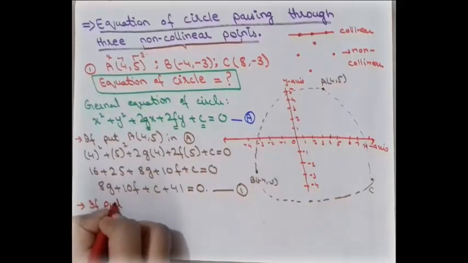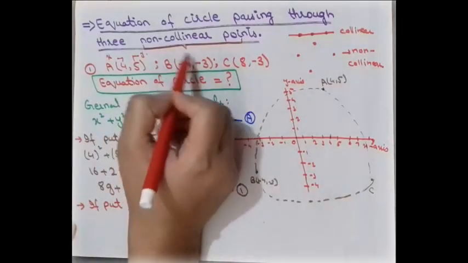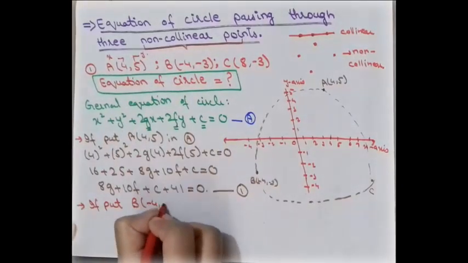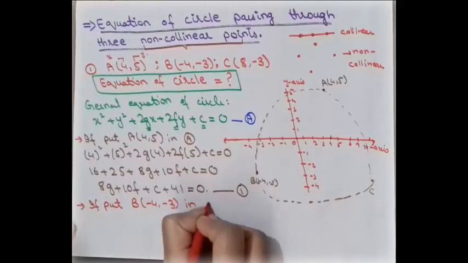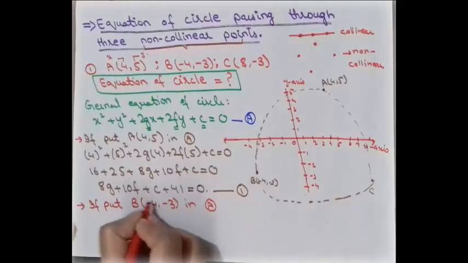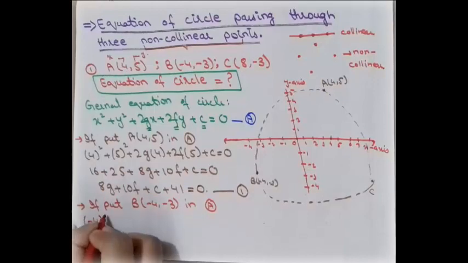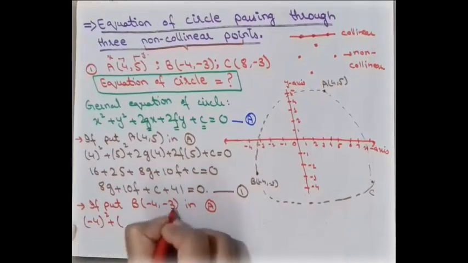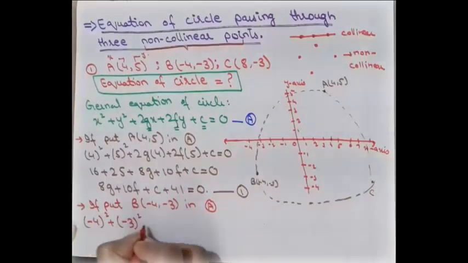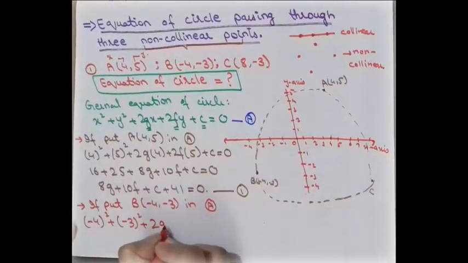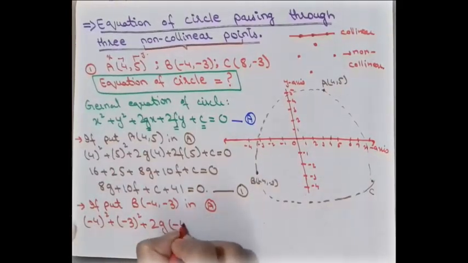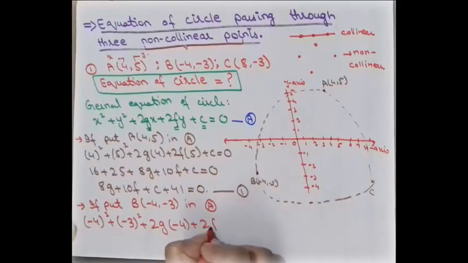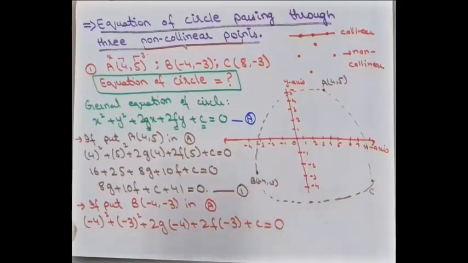If we put point B, which is (-4, -3), in equation A, the value of x is -4, so (-4) squared plus the value of y, (-3) squared, plus 2g times x, which is -4, plus 2f times -3, plus c equals 0.